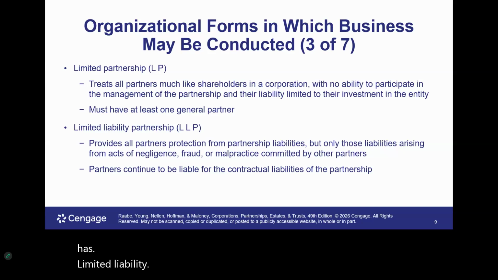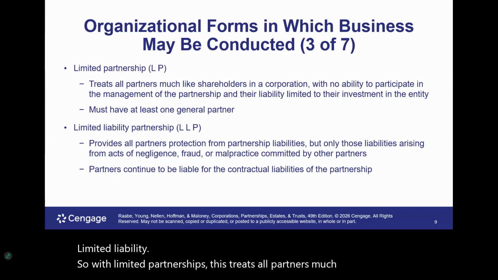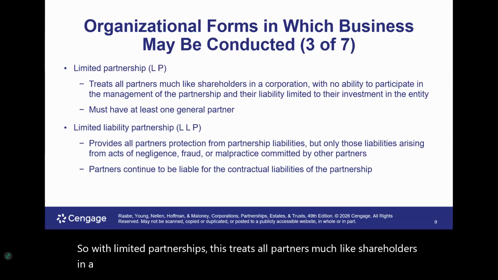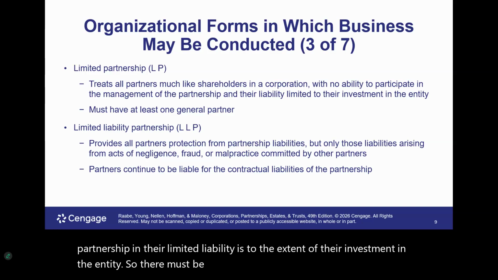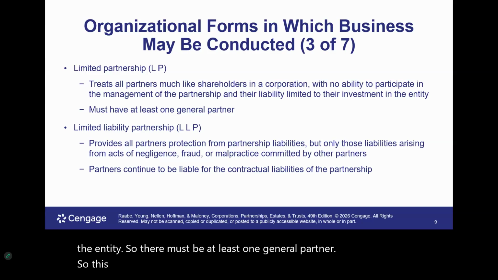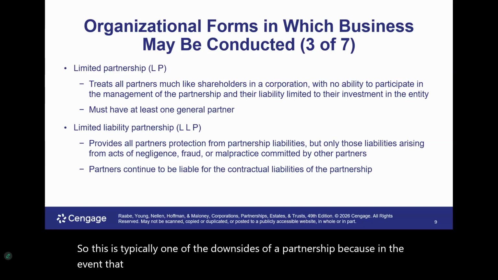With limited partnerships, this treats all partners much like shareholders in a corporation. There's no ability to participate in the management of the partnership, and their limited liability is to the extent of their investment in the entity. So there must be at least one general partner. This is typically one of the downsides of a partnership, because let's say myself and another individual form a partnership and my partner makes a bad business deal.